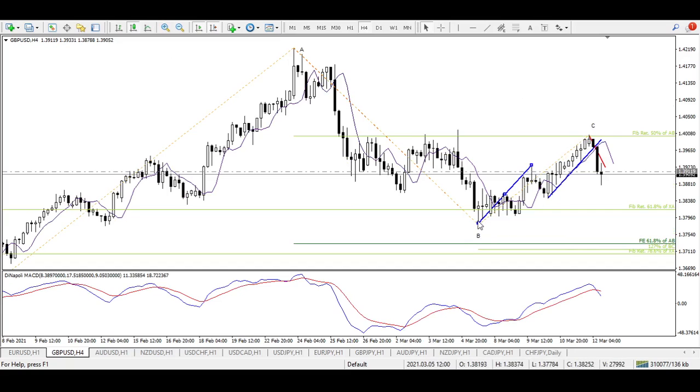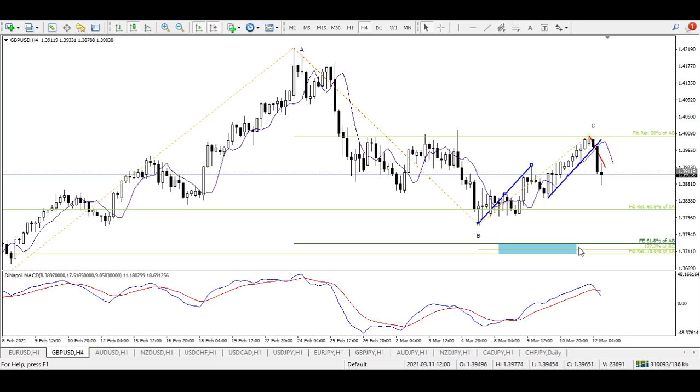So if we plot a tool from here to here and find out the 127.2% of BC, that is the total retracement, then this will give us this target. So basically we have a support cluster here, and there are three different support levels which are making the support cluster. This is the support cluster.